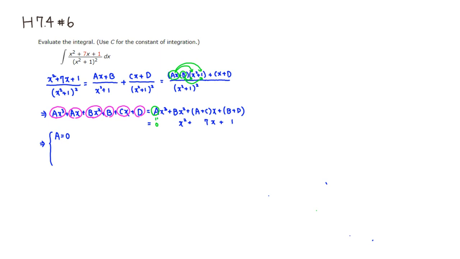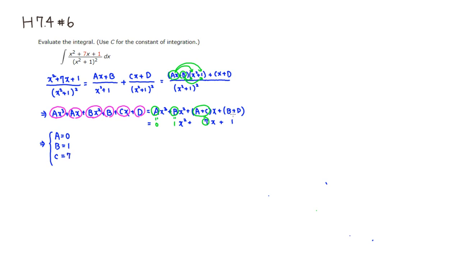Here we have to match b with 1, because you have 1x squared. So we found b equals 1. And since a is 0, a plus c is just going to be c. Then we have to match that with 7. So c is going to be equal to 7.